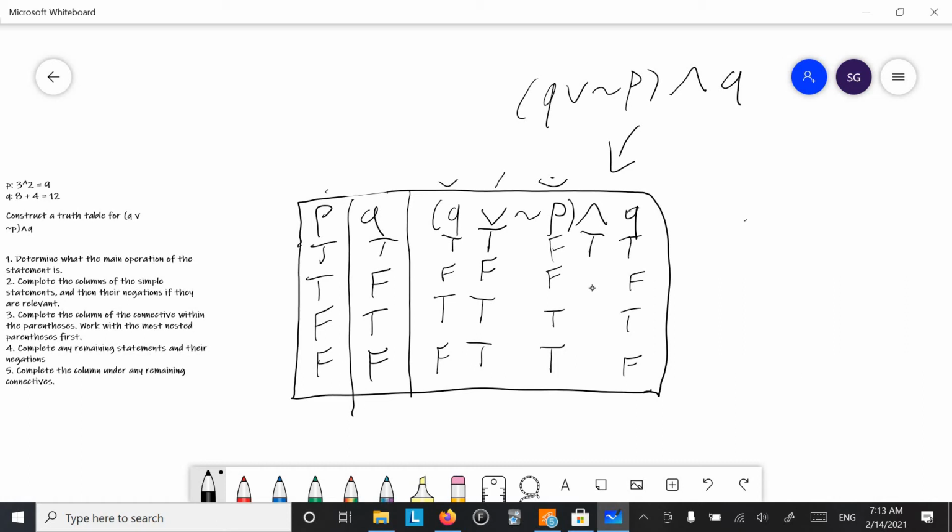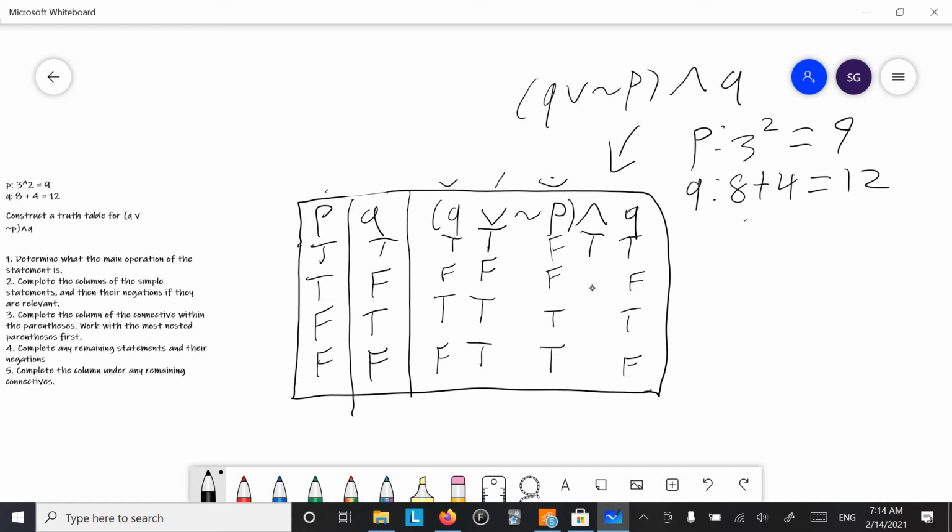Okay, so let's look at this as an example. We have P and we have Q. Q is 8 plus 4 equals 12, and P is 3 squared equals 9.